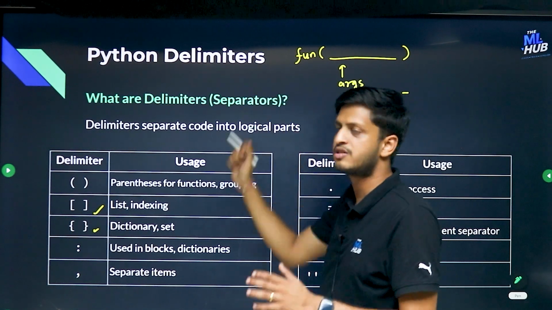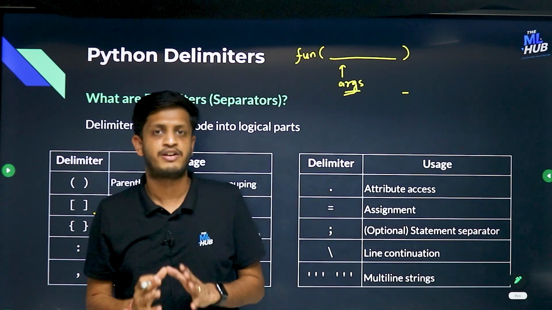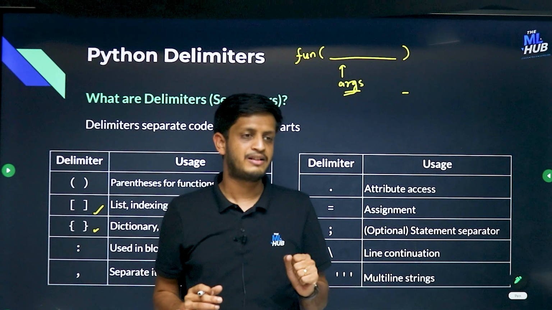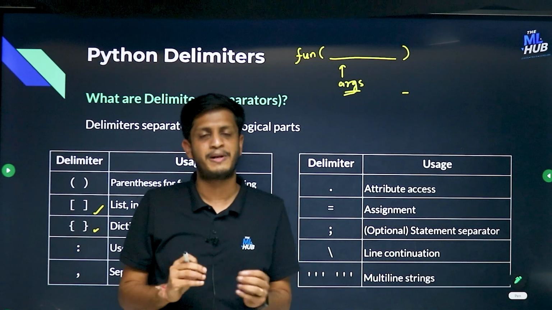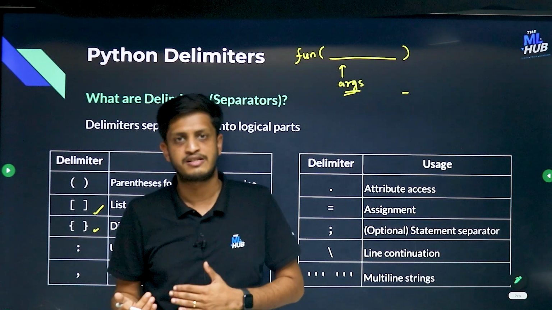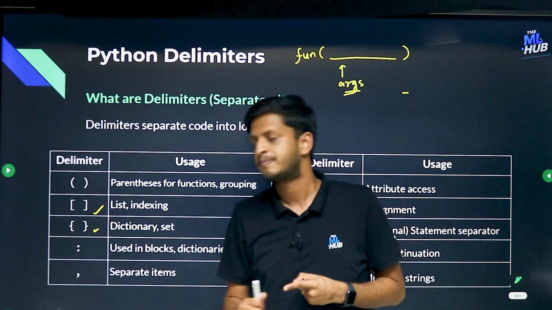In Python there is no such notation. In Python curly brackets are not used to define functions or a logical group of code. No. In Python everything is based on indentation. In the demo I will try to explain what indentation means and what this differentiation is. In Python the curly brackets are only used to define dictionaries and sets.